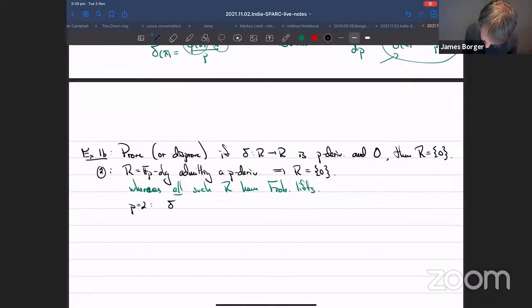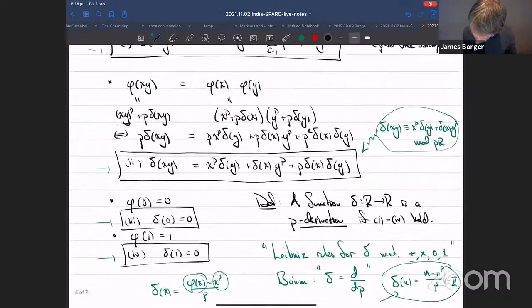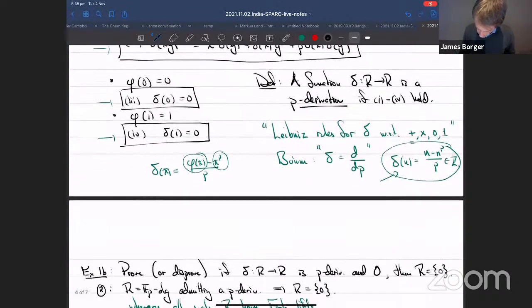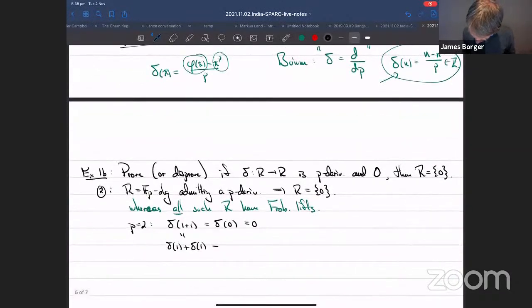So then we get that delta of 1 plus 1 on the one hand is equal to delta of 0, which is 0, but on the other hand, it's delta of 1 plus delta of 1 minus, now we have to do this Pascal's triangle thing up here, right? So we get a sum of length 1, and it will be 1 times 1.